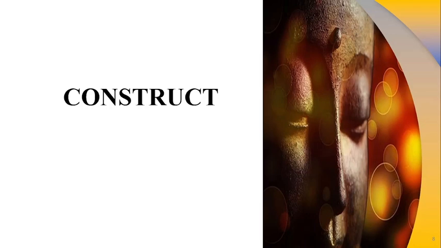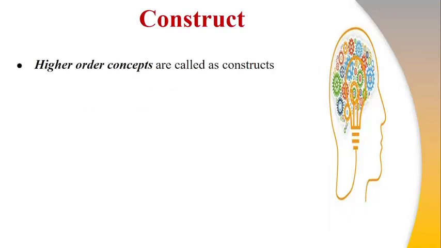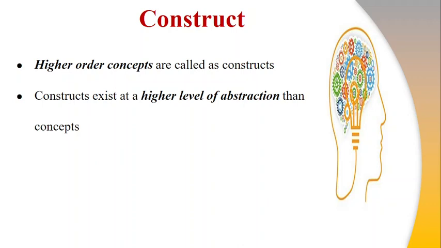So next, with this clear understanding of concept, let us move on to study what is a construct. So a construct is a higher order concept is called as construct, which means it is a higher level of abstraction than concepts, which means again they may not be directly observed.